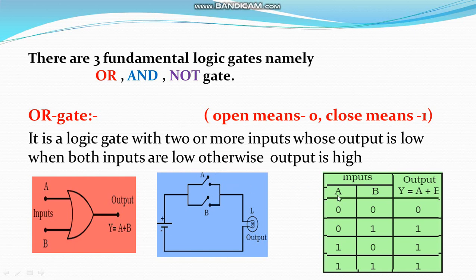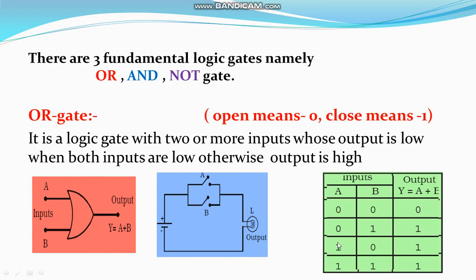When we see this truth table, when both are 0, that means both switches are open, then the bulb is not glowing, so the output is 0. When A is open and B is closed, the bulb glows, so the output is 1.